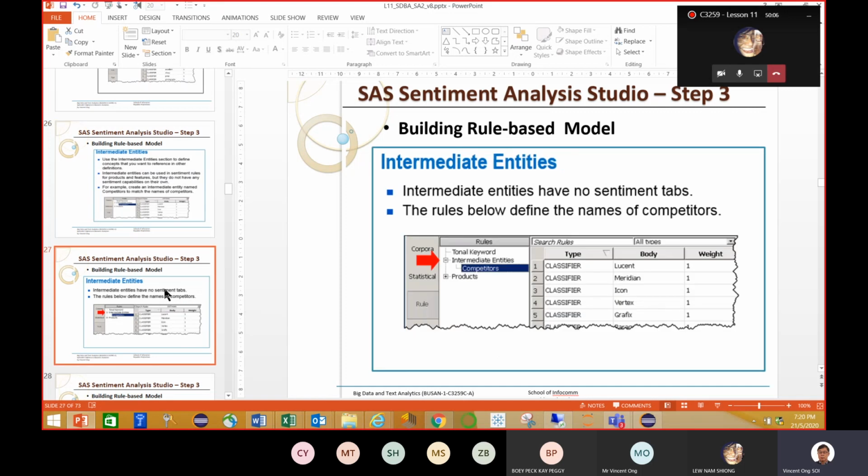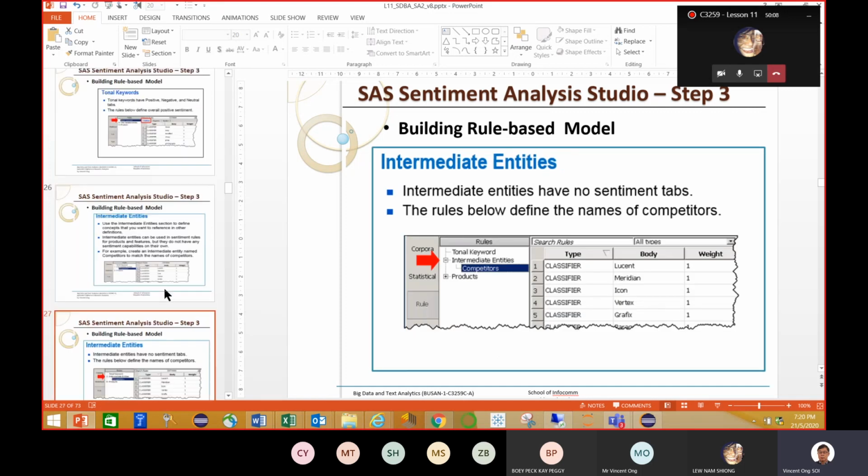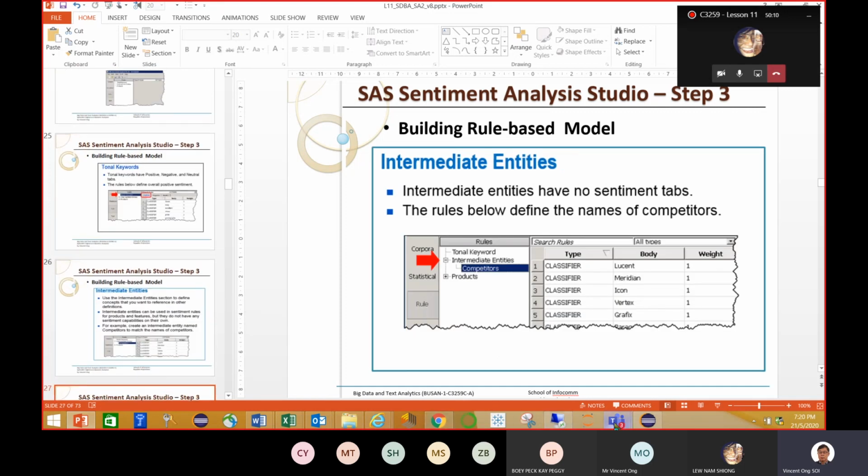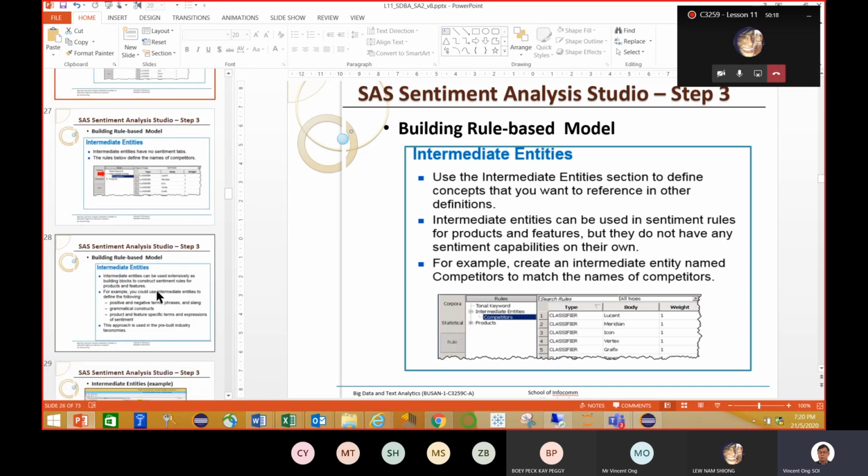Okay. Then after that, you can apply the rule base to define the tonal keywords. You can also apply the rules to intermediate entities. I already showed what you mean by intermediate entities, just now, right?